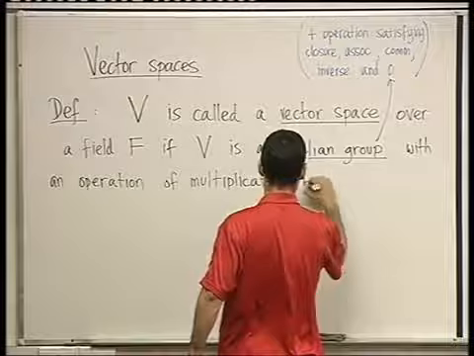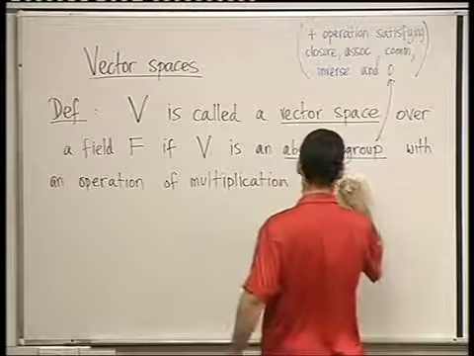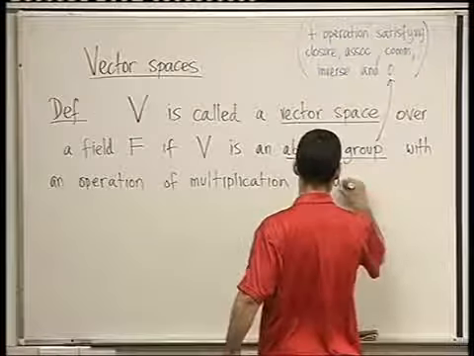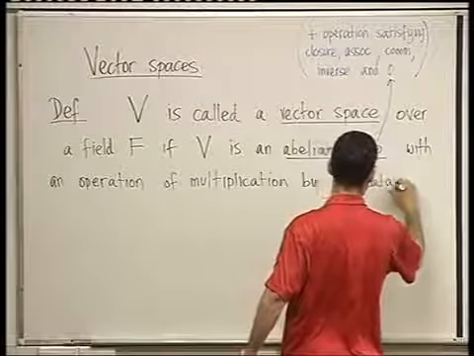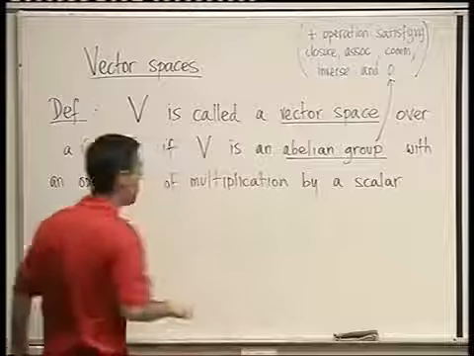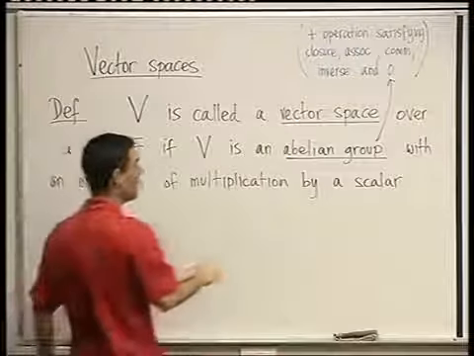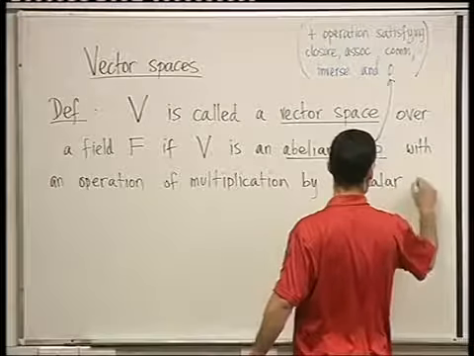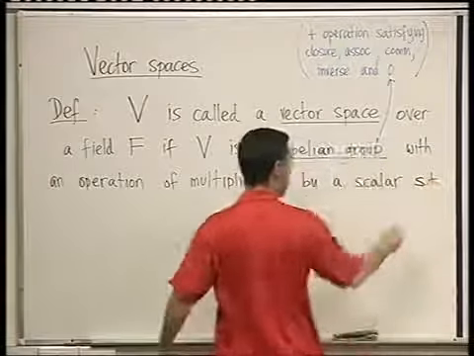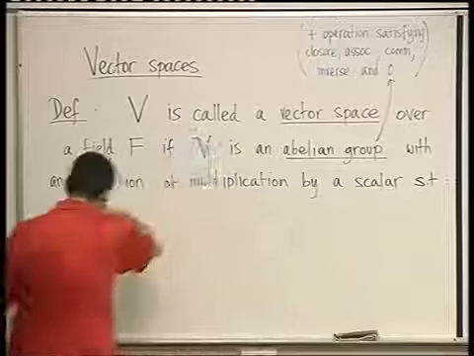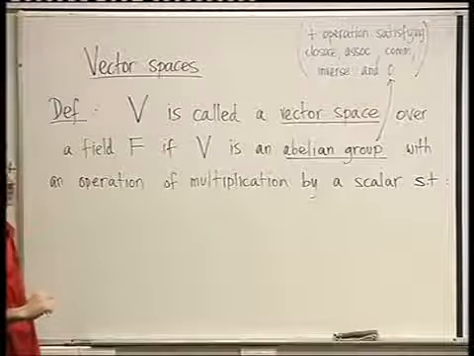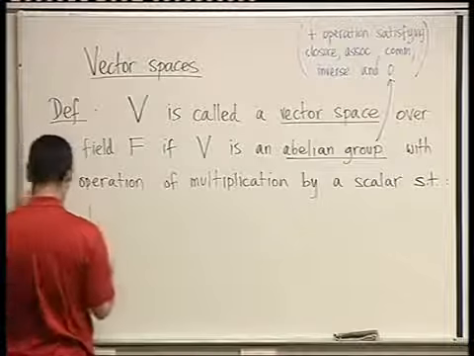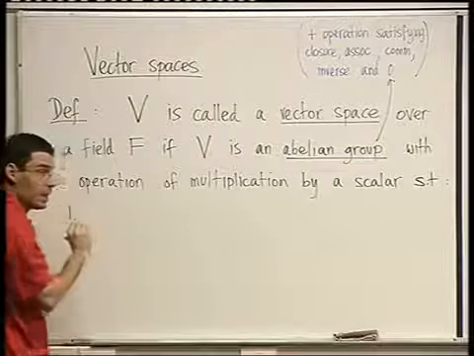Multiplication by scalars, by a scalar, okay, a scalar is an element of F. Okay, so there's an additional operation of multiplication by a scalar such that, and now all I have to list is the 5 properties of multiplication by a scalar. Okay, so the first property, such that 1, and I'm going to list it abstractly.